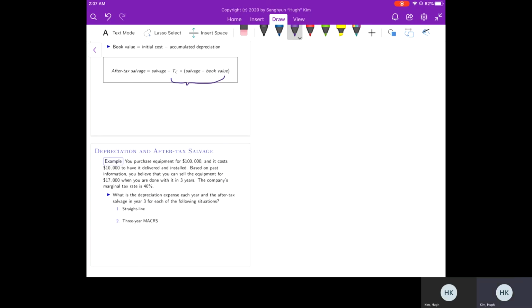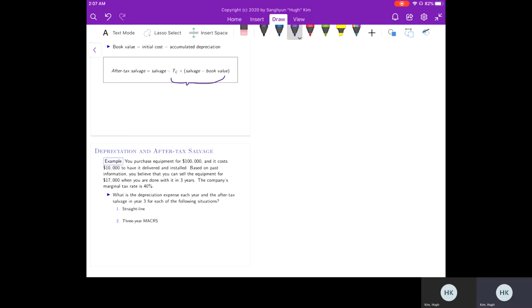So let's look at an example to see how all this actually works. You purchase the equipment for $100,000 and it costs $10,000 to have it delivered and installed. So the initial cost of the asset is $110,000.